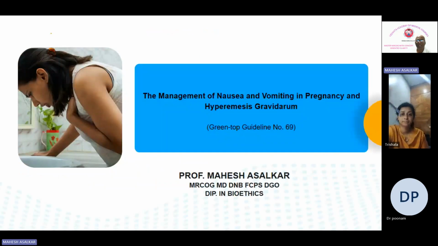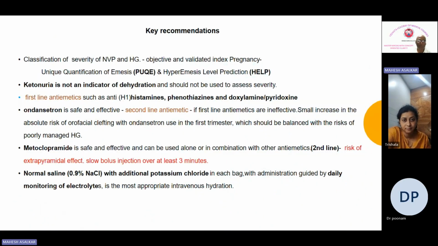So we'll start with our session, the management of nausea, vomiting in pregnancy, and hyperemesis gravidarum. This is Green-top guideline number 69. This nausea, vomiting in pregnancy, and hyperemesis gravidarum is classified using two indices. One is the Pregnancy Unique Quantification of Emesis, PUQE, and another is HELP, that is Hyperemesis Level Prediction.